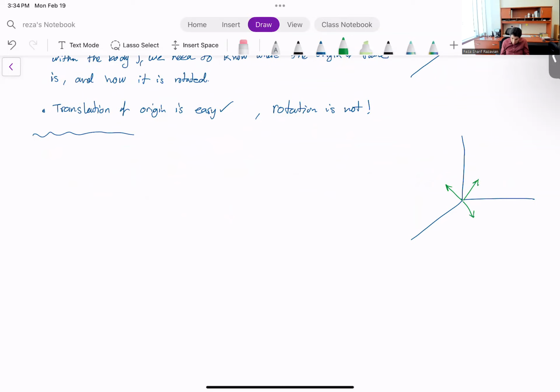So this one, let's call it IJK. And the big one, let's call it X, Y, and Z, big X, Y, and Z. And the unit vectors are I, J, and K. And we want to describe the rotation between these frames.